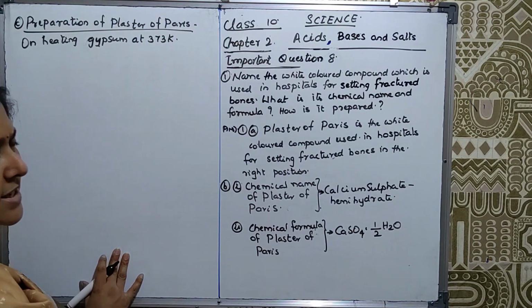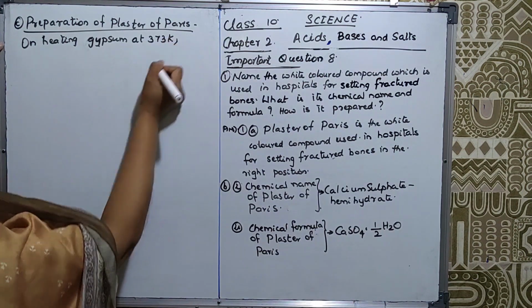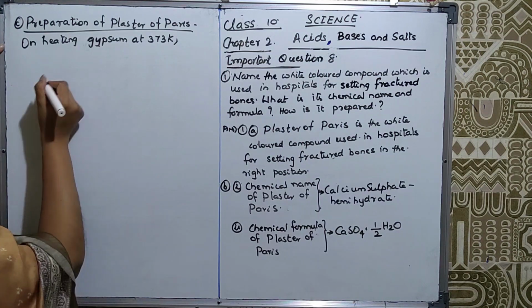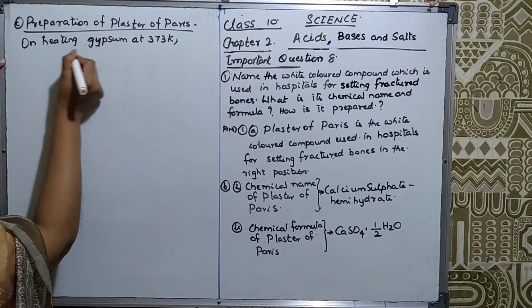Boiling point of water is 373 Kelvin or 100 degrees Celsius. So on heating gypsum at 373 Kelvin, the product formed is plaster of Paris.